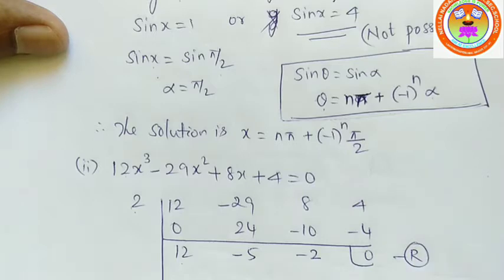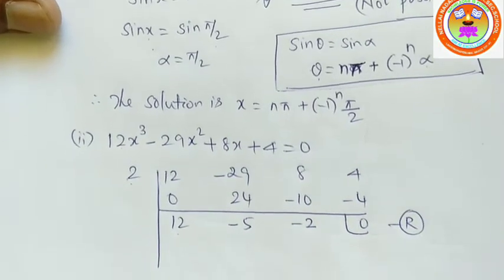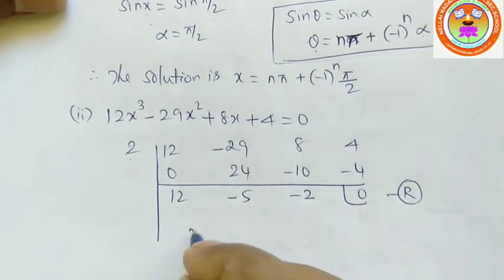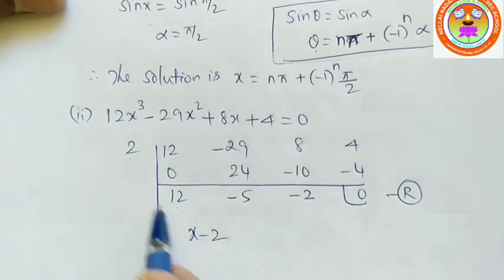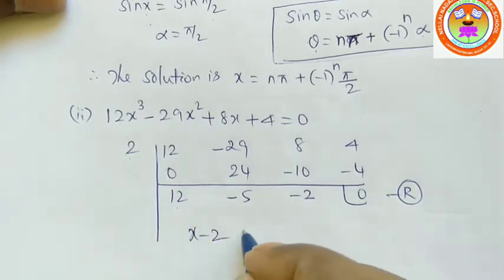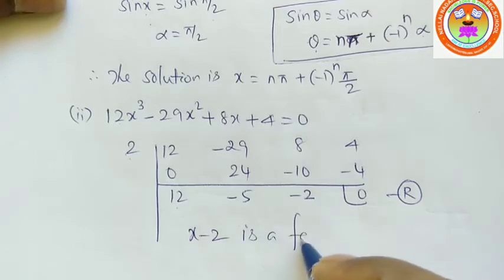That is the remainder. If the remainder is 0, what can we say? Here plus 2 means we want to say x minus 2, right? So x minus 2 is a factor.